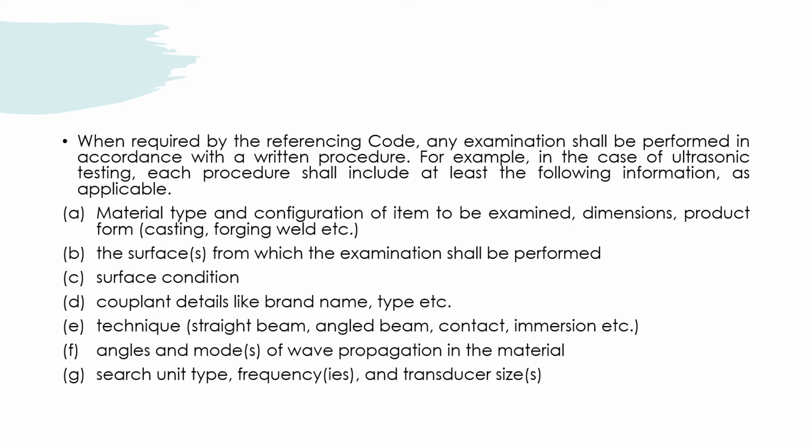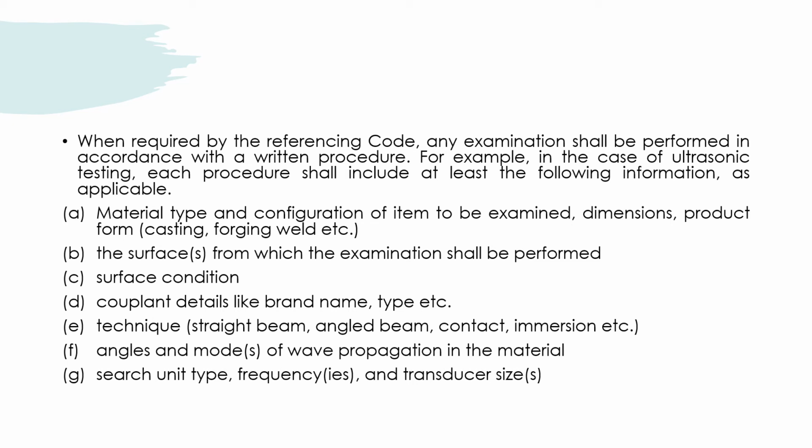Number 4 is couplant details like brand name, type, etc. Number 5 is techniques, that is maybe straight beam or angle beam, or contact or immersion, etc. Number 6 is angles and modes of wave propagation in the material.